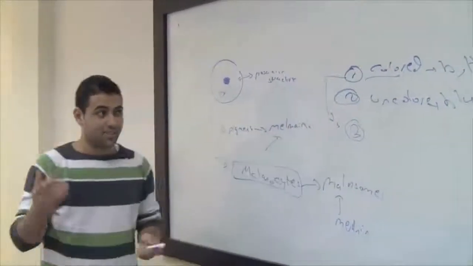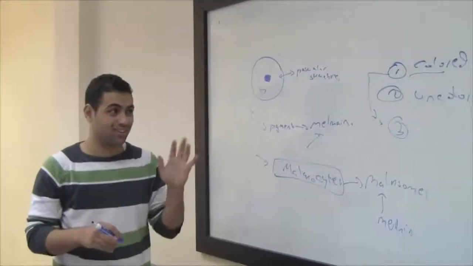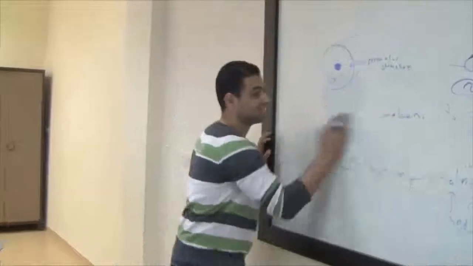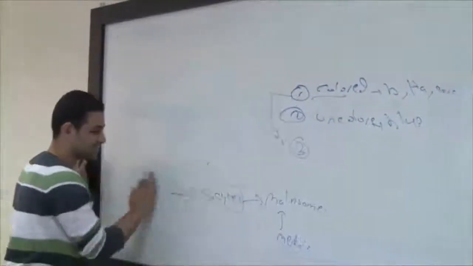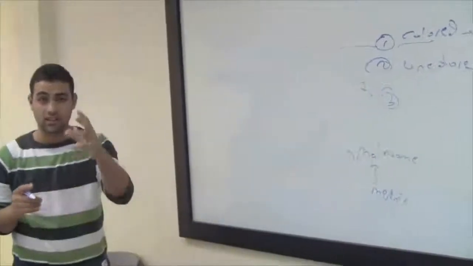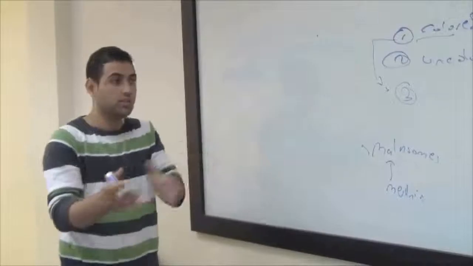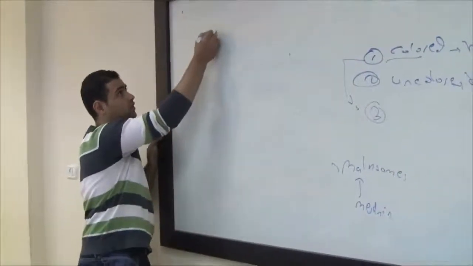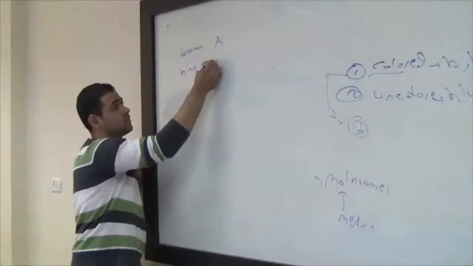Once upon a time, when we studied genetics in high school, we thought that eye color is determined by only one single gene, and that it's only Mendelian, because they thought that brown is dominant and blue is recessive.